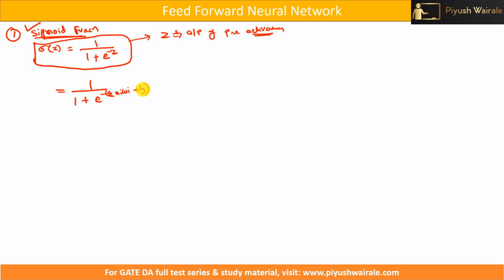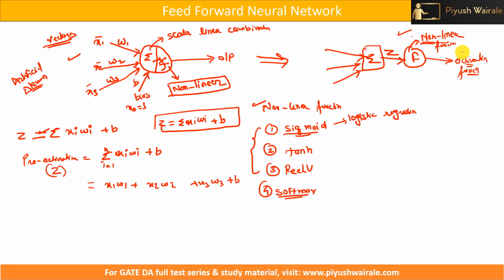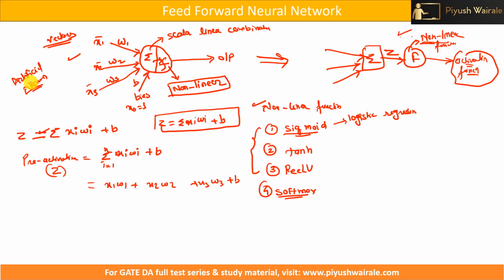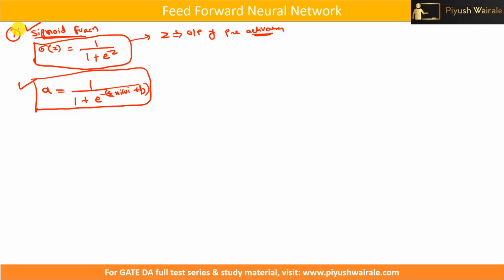The output of this function is basically my activation function, and this is denoted by a. The output of this function is taken as input for other neurons. So this is the basic structure of an artificial neuron, and this is about the sigmoid function.